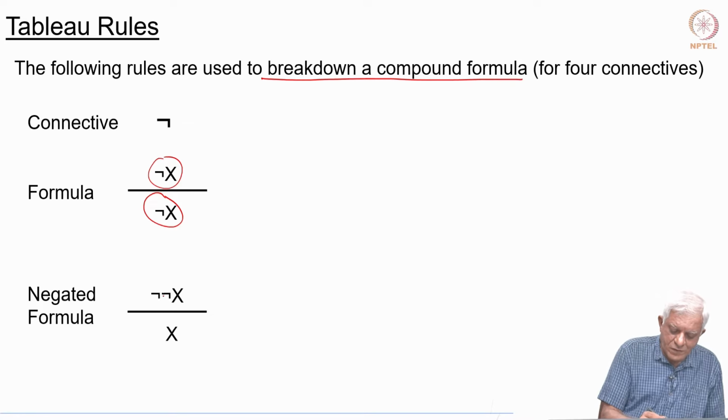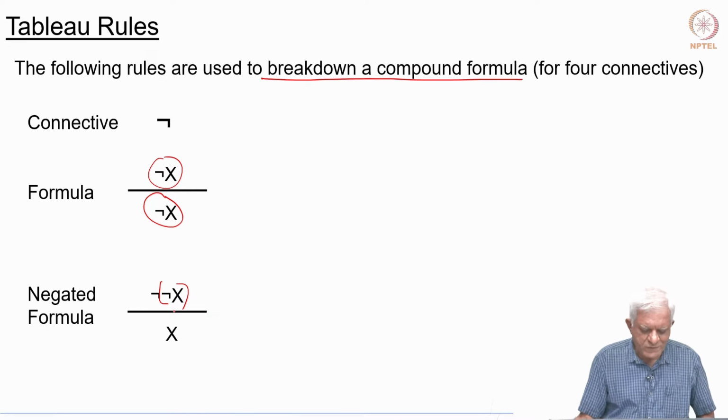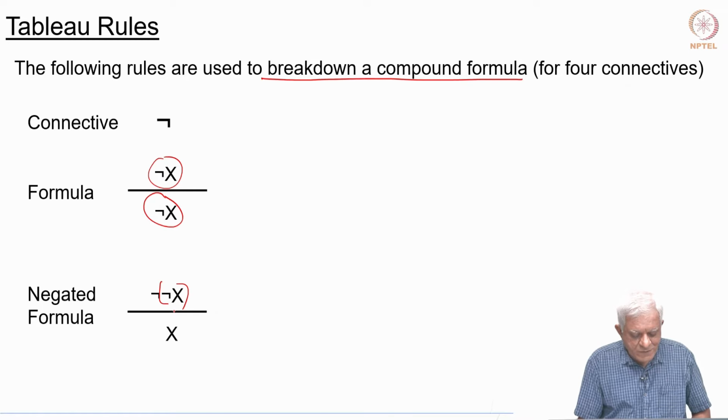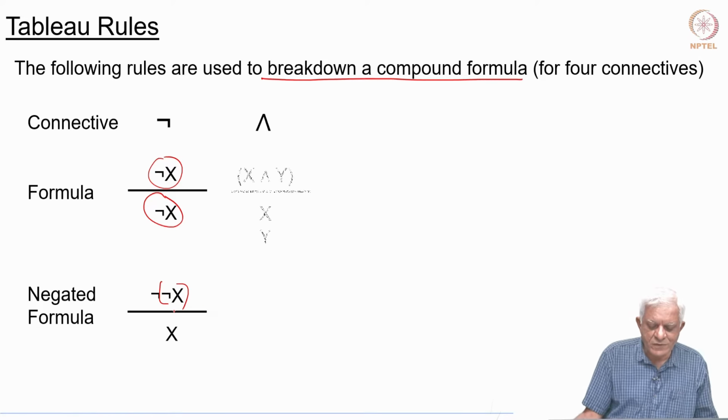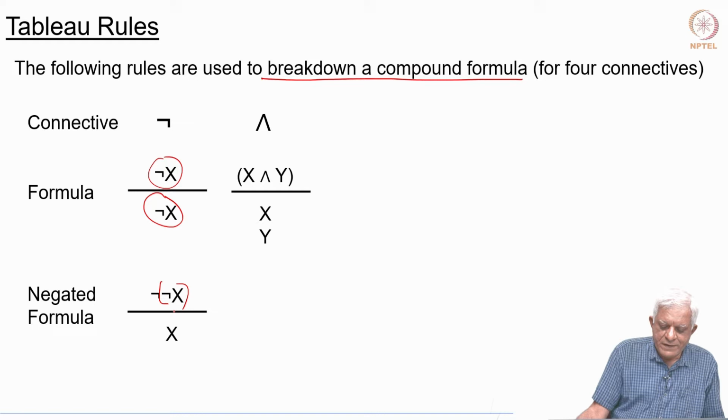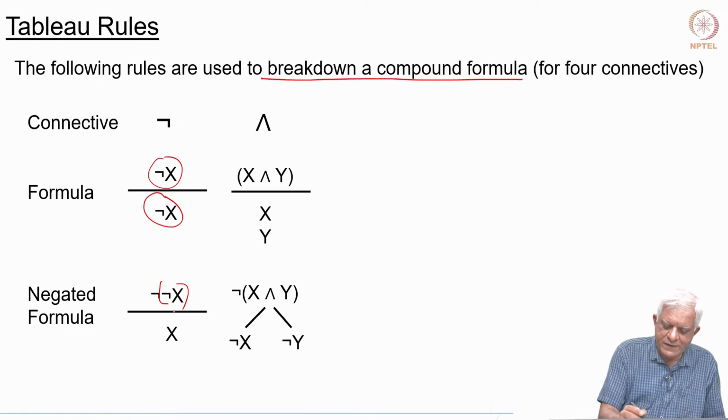But if you have not of not of x, which is a negation of a negation, then you can replace it by x, and we know that there is a rule of substitution which allows us to do that. Even Frege's calculus had such a rule. If you have and as a connective, then if you have x and y, then in your collection that you are trying to build, both x must be present and y must be present essentially.